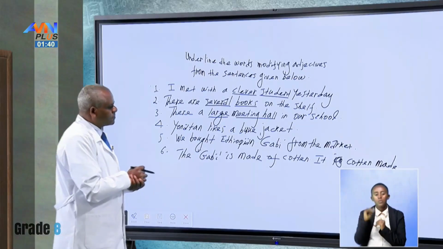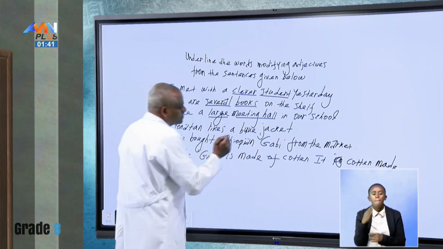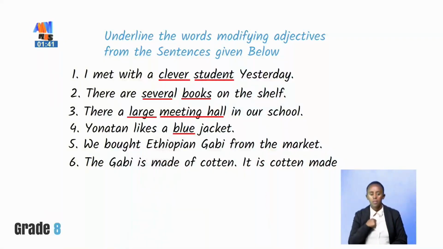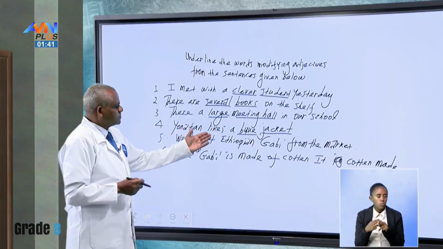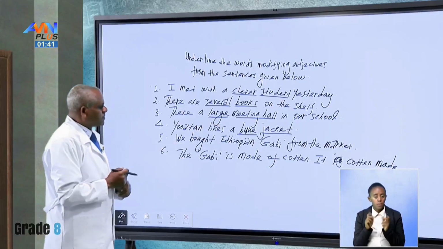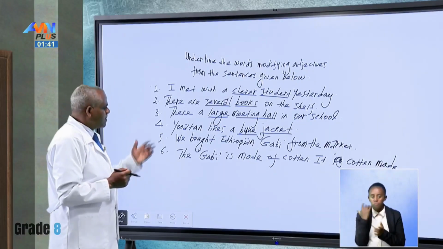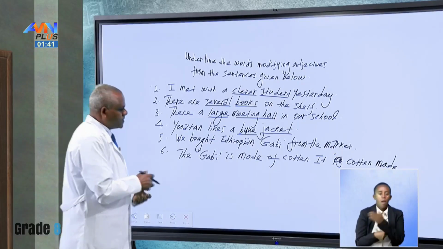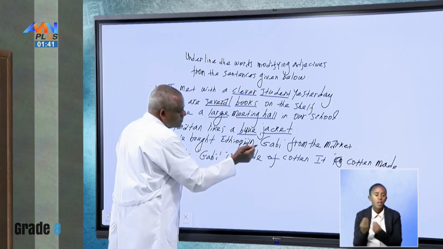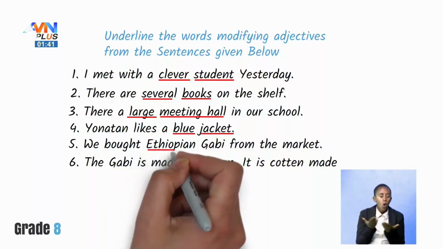Jonathan likes a blue jacket. See, blue jacket. It's a noun. What about this one? It's okay? Good. It's a color. We bought Ethiopian gabi from the market. Right? Origin. The origin is Ethiopia.